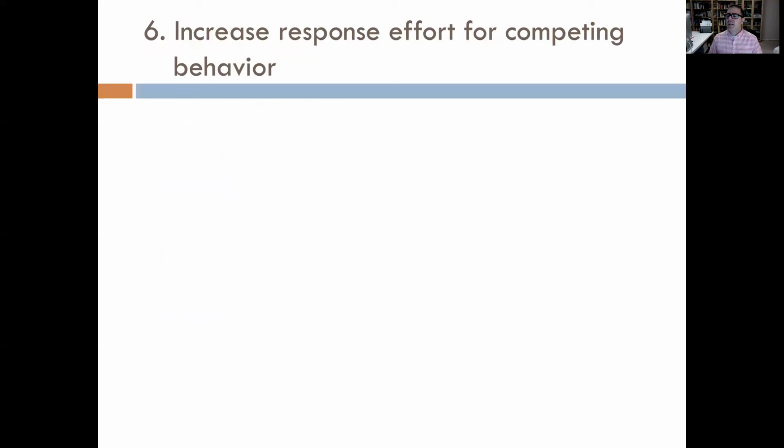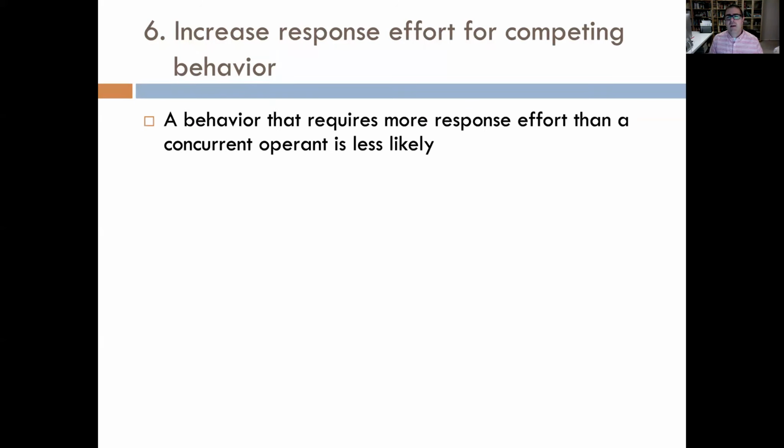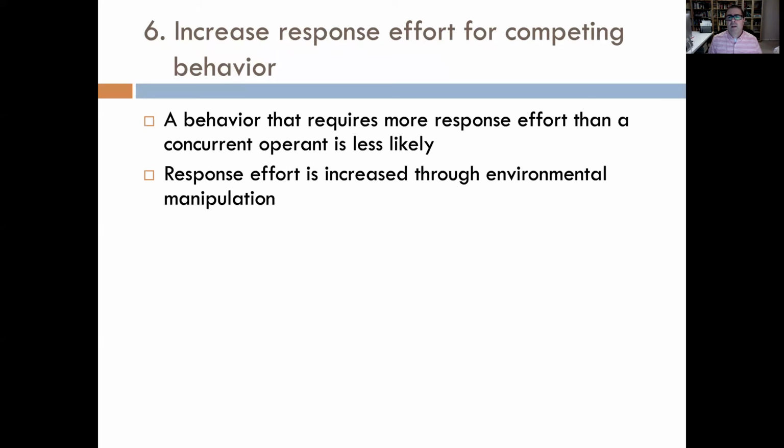How about effort? You can make a problem behavior decrease by increasing the effort. Make it harder for the problem behavior to occur, right? Because if a behavior requires more effort than another behavior, then that behavior, the one that requires more effort, is less likely to occur. And we can increase effort by manipulating the environment somehow.